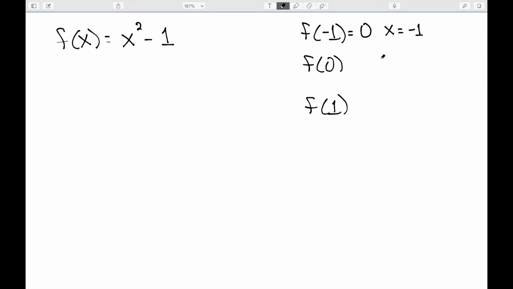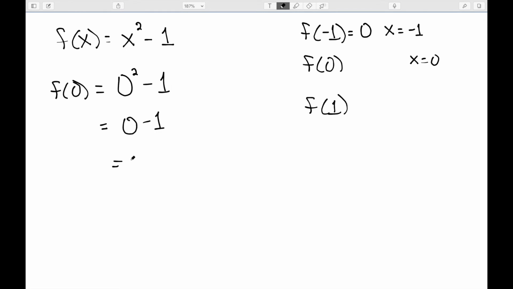Next, let's look at f of 0. So this tells me x is equal to 0. So I'm going to change the x to a 0. 0 squared minus 1. Well, 0 squared is 0. 0 minus 1 is negative 1. So this tells me that when x is 0, y is negative 1. So this has the point 0, negative 1.